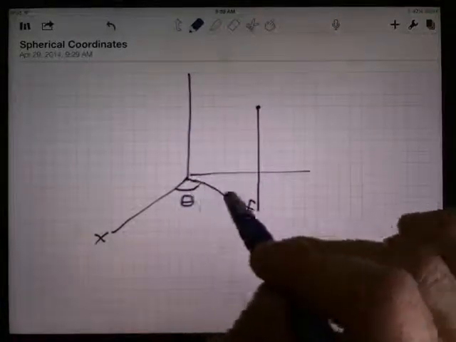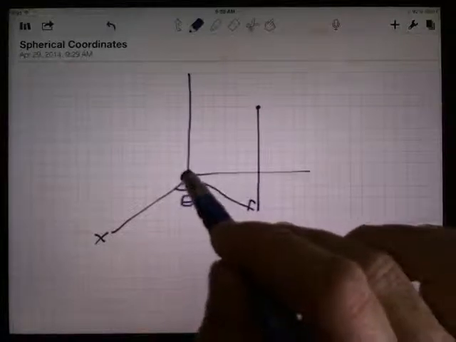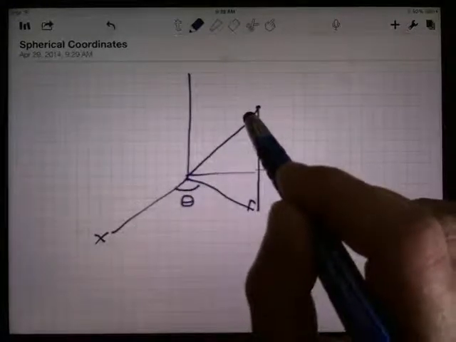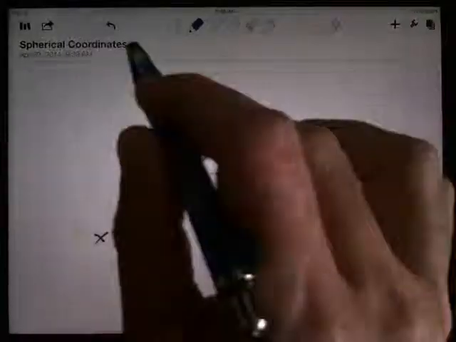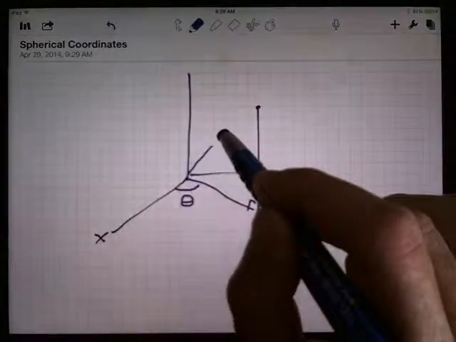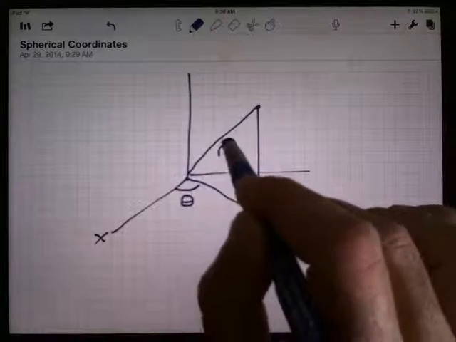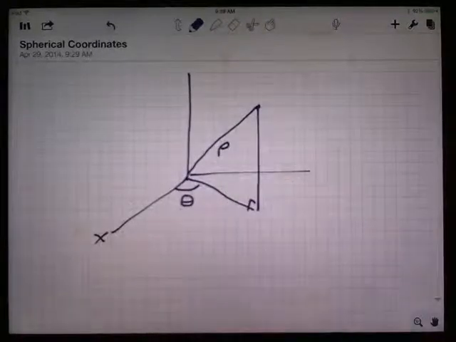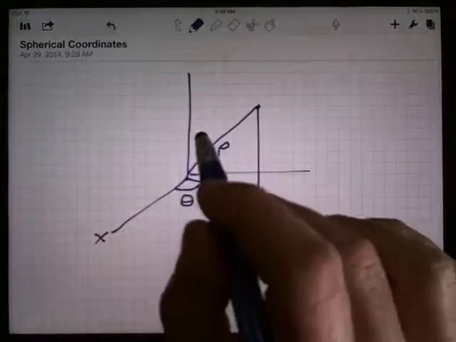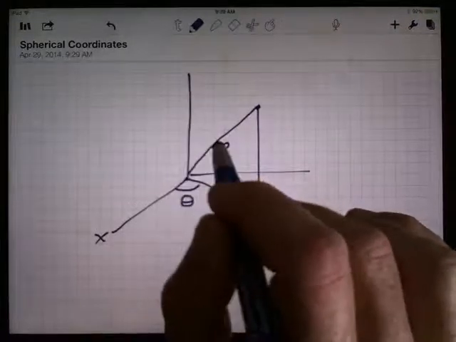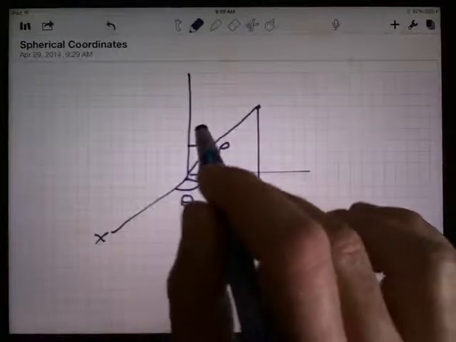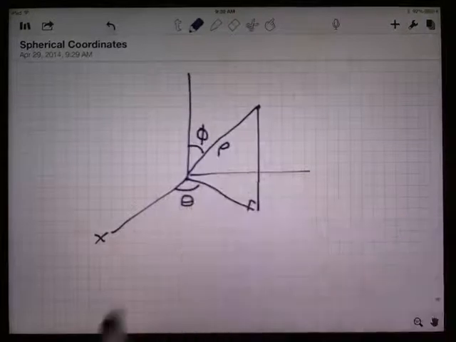But now, rather than measuring r horizontally, I want to measure r as a radius from the origin out to the point that we're talking about. This is called rho, Greek letter rho. And then from the z-axis down here, this angle is called phi.